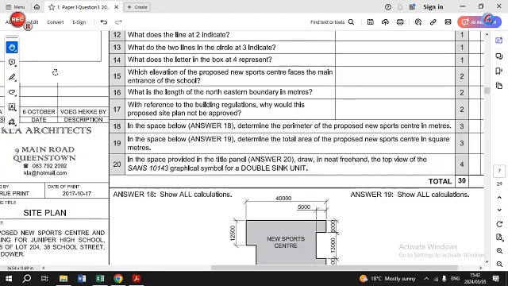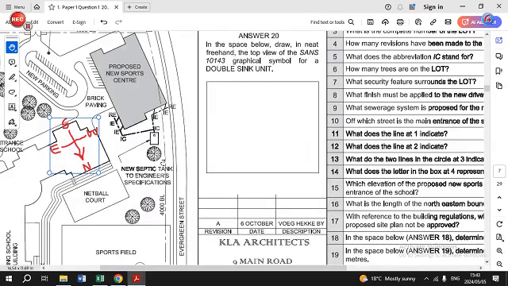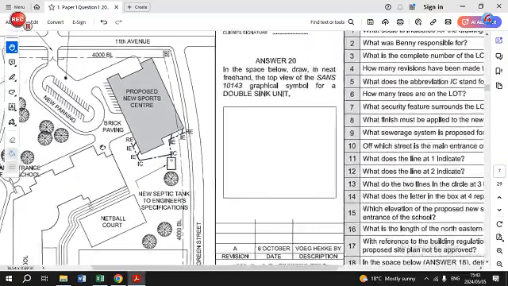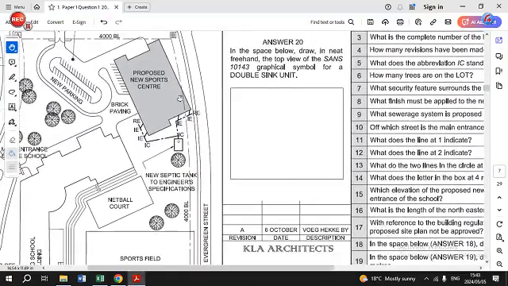If you look at number 17, with reference to the building regulations, why would this proposed site plan not be approved by the municipality? So if you look at the site plan, you are going to find a few faults, of which this is one, and that means that the proposed new sports center exceeds over the building line.